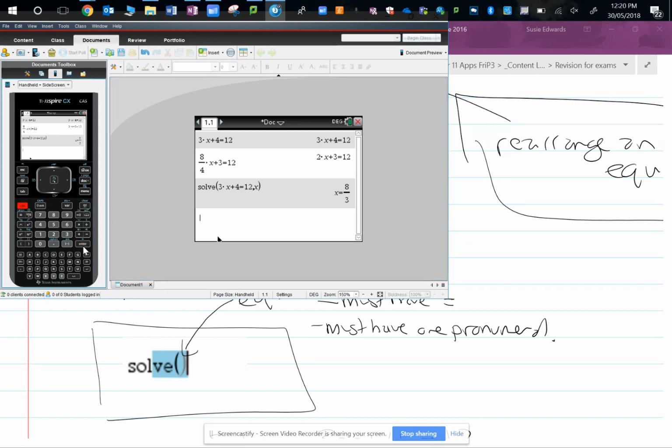Control enter. Now, quick one from the test. If I had a third, what decimal is a third? 0.3 recurring.